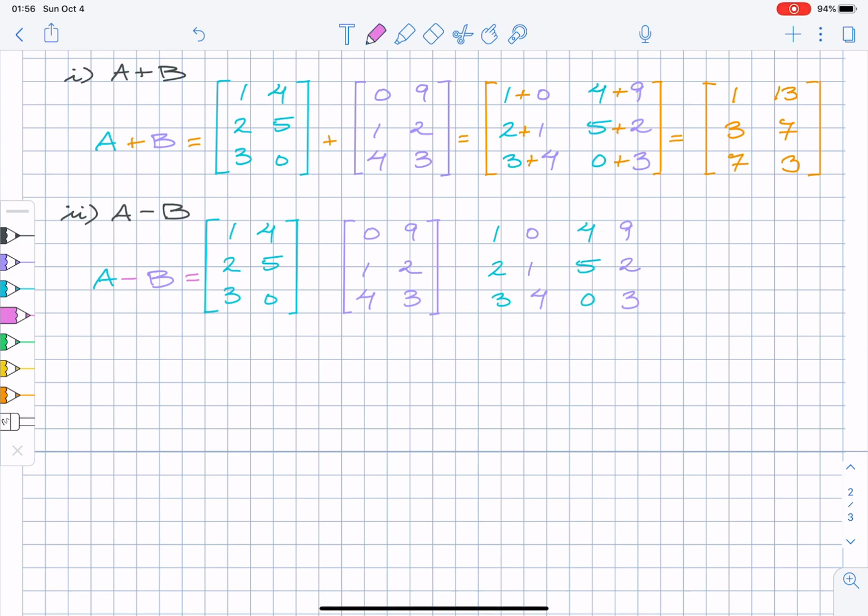Okay, so it's A minus B, which is going to be the matrix that takes A's entries minus B's entries in each position.